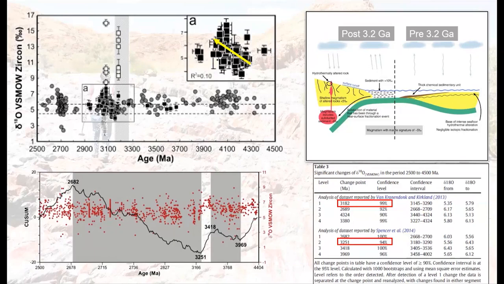And that's what this diagram is showing, and it basically picks up a deviation towards heavier oxygen isotope signals starting globally at 3.2-ish. So again, pointing towards that's the dawn of subduction processes, perhaps.